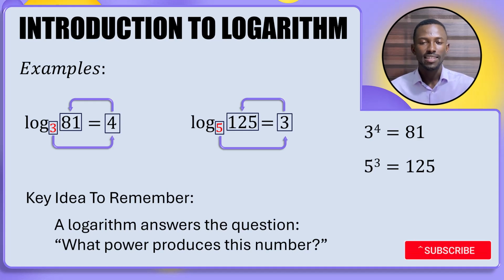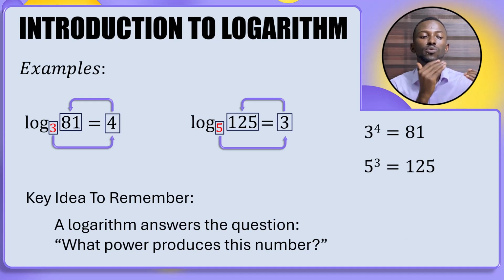Simple. It means the base, which is the 3, exponent what power will give you 81. And log base 5 of 125 equals what? It means 5 to what power will give you 125. I hope you got the point.